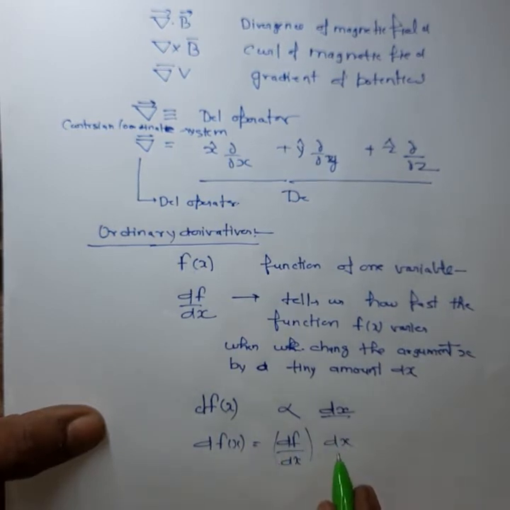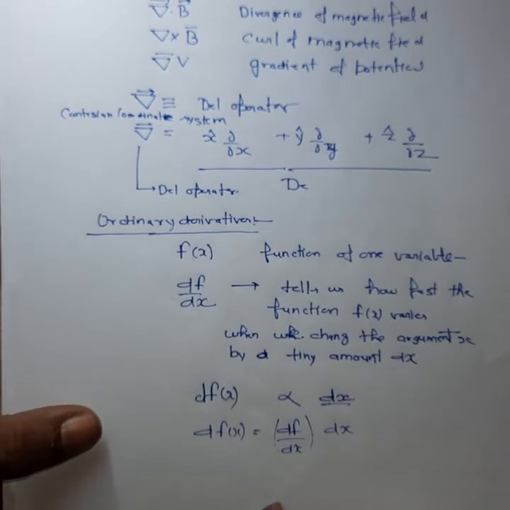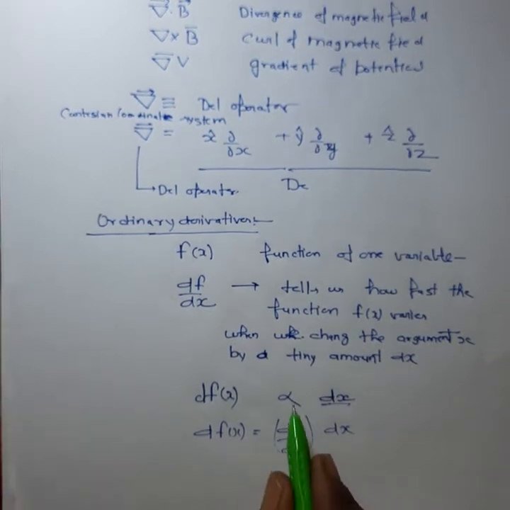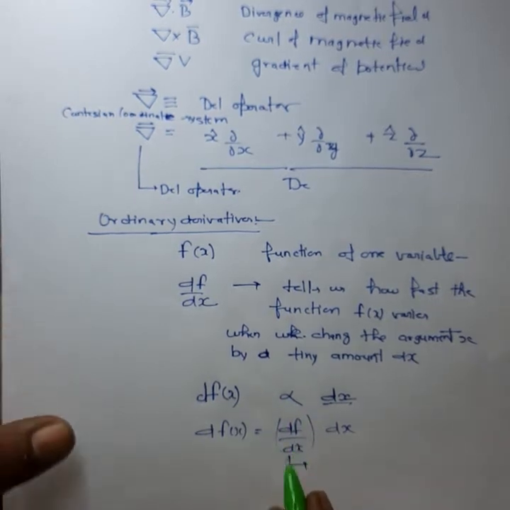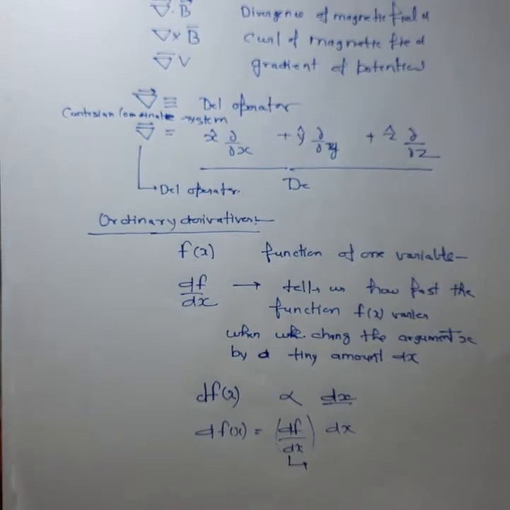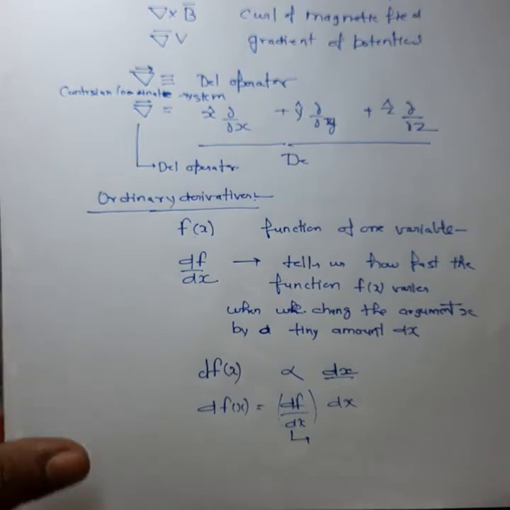That is, when you change x by dx, f changes by df, and this change in f is proportional to the change in x. When you equate them, you get a proportionality factor, and this is your derivative.